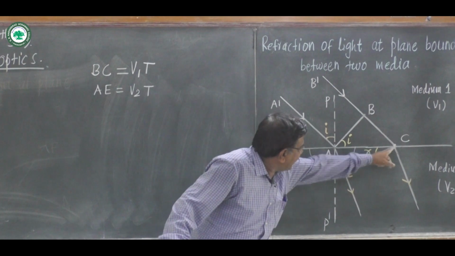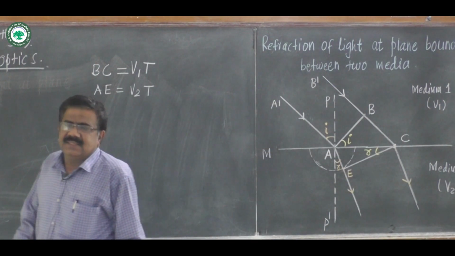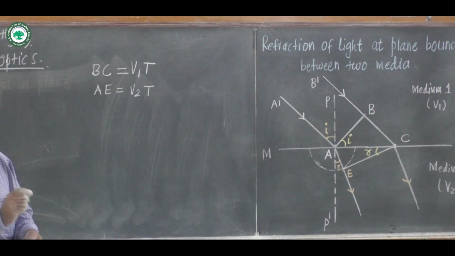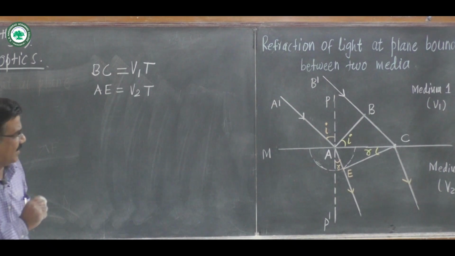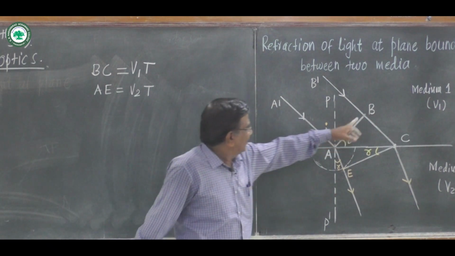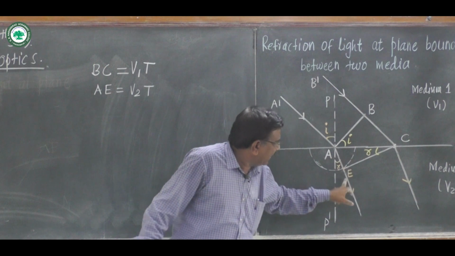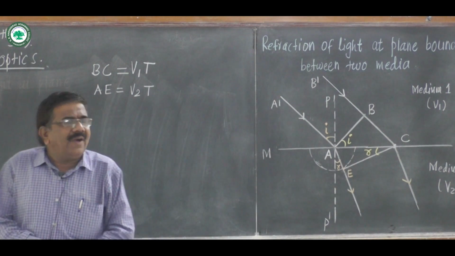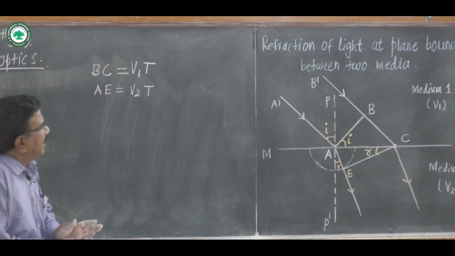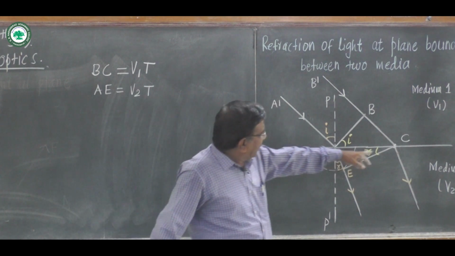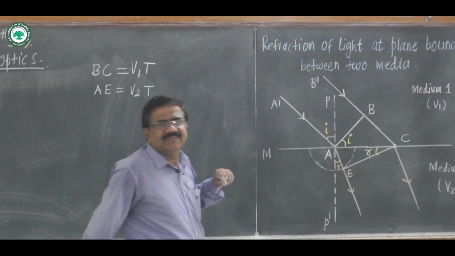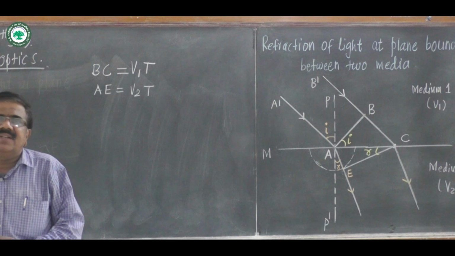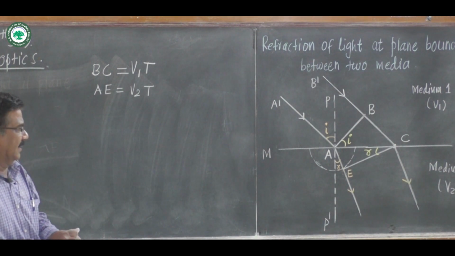The points C and E are in the same phase because it takes the same time from B to C and A to E. So CE is the refracted plane wavefront.